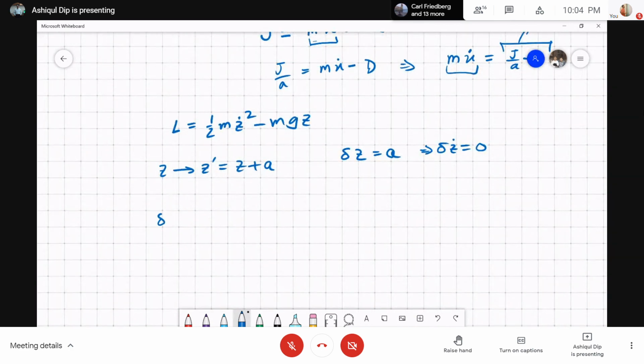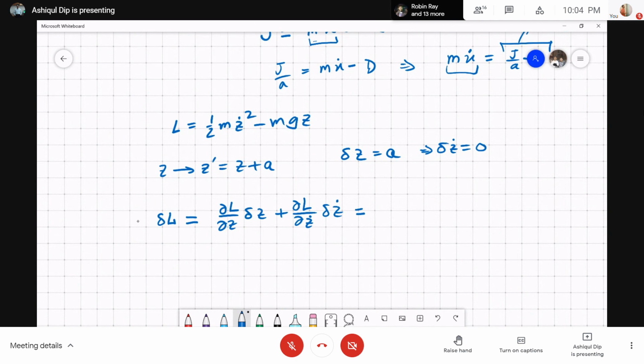Okay, but let's substitute and find the change. What is delta L? Delta L is delta L over delta z times the variation of z, plus delta L over delta z dot times the variation of z dot. If we substitute everything, what is delta L by delta z?